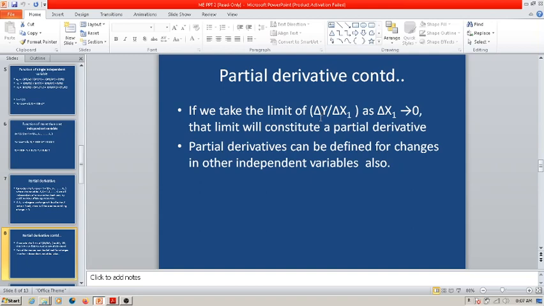Similarly, to find out the impact of change in x2 upon y, there also the partial derivative can be defined. So, corresponding to each independent variable, we can define partial derivative which will be taking into account the effect of change in that particular independent variable on the dependent variable.